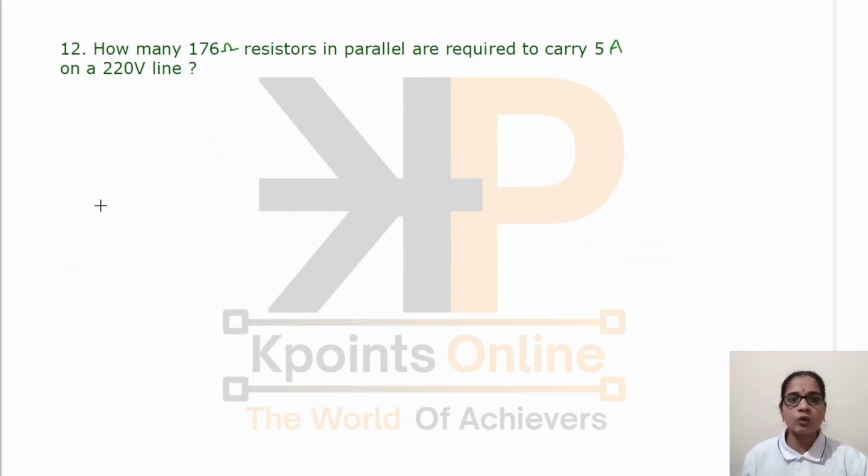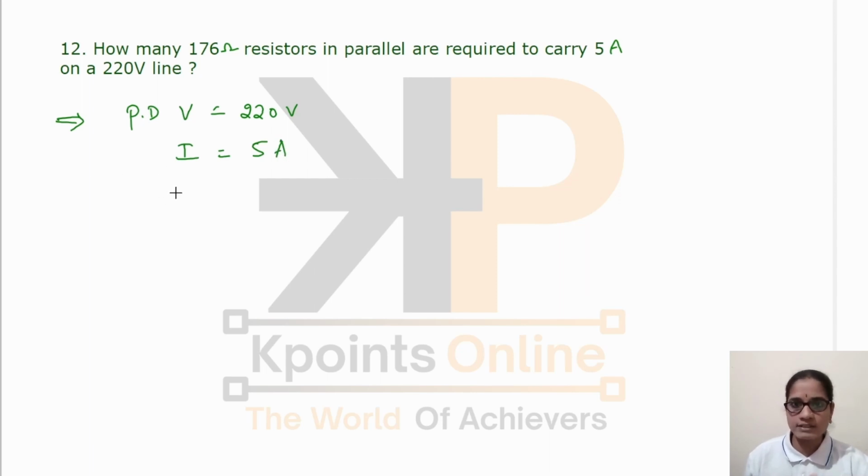Next question is, how many 176 ohm resistors in parallel are required to carry 5 ampere on a 220 volt line? Let us write the given quantities here. The potential difference V is equal to 220 volt and the total current I is equal to 5 ampere. So we can calculate the equivalent resistance or the total resistance.